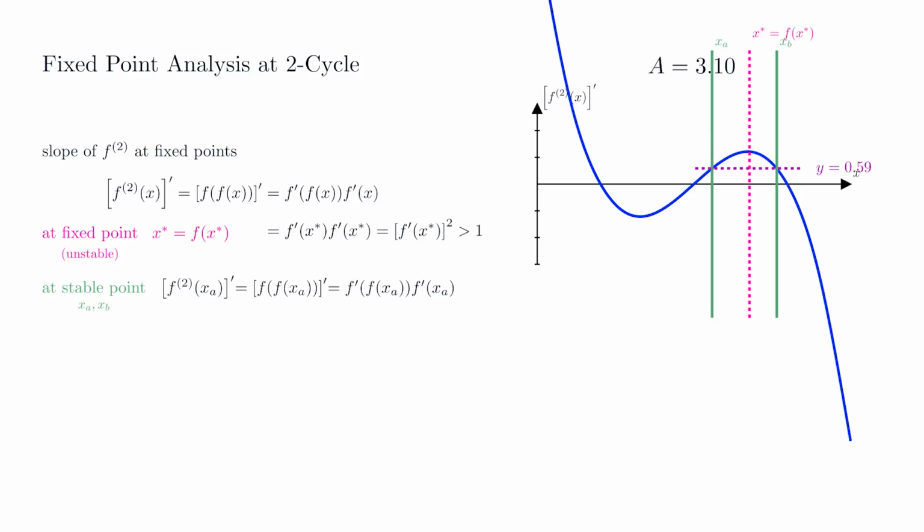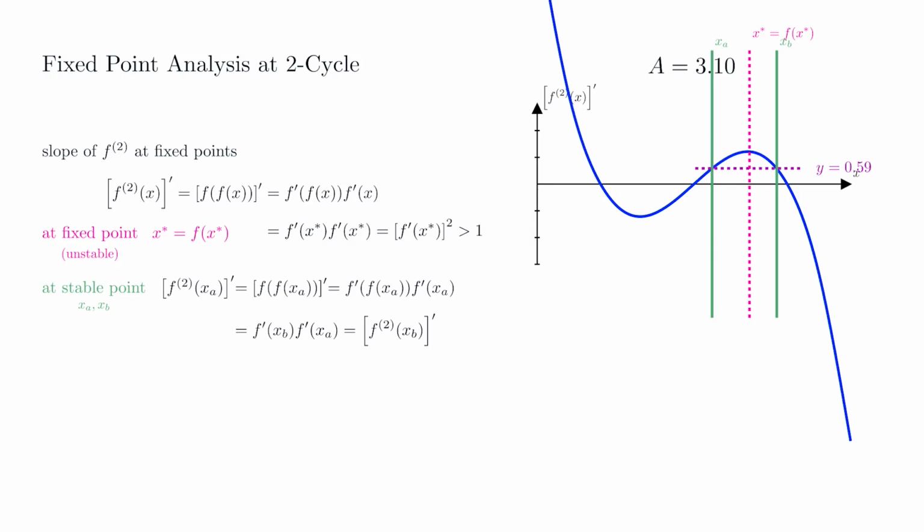But by the definition of a two-cycle, if I'm at point xa, then after one iterate I move to xb. So this is equal to f prime of xb, because f of xa is xb, times f prime of xa. This is symmetric in the interchange of a and b, and so this clearly is the same as the derivative of the second iterate function at xb.